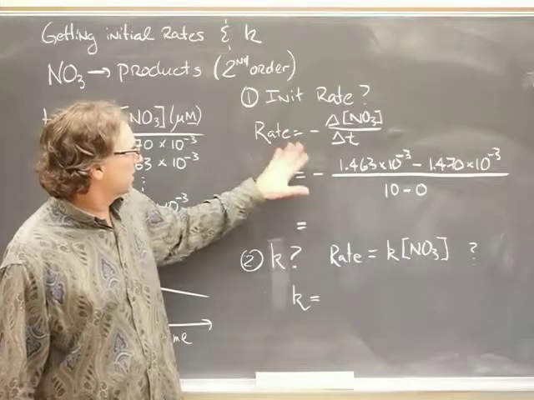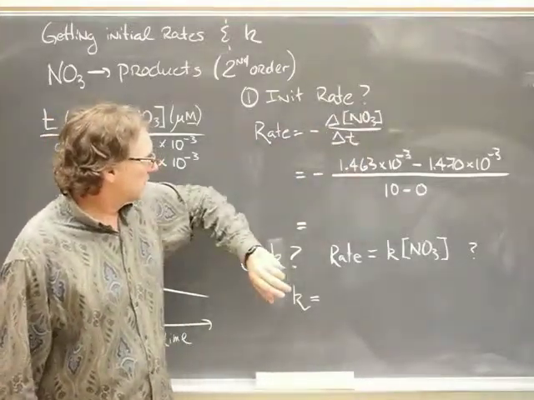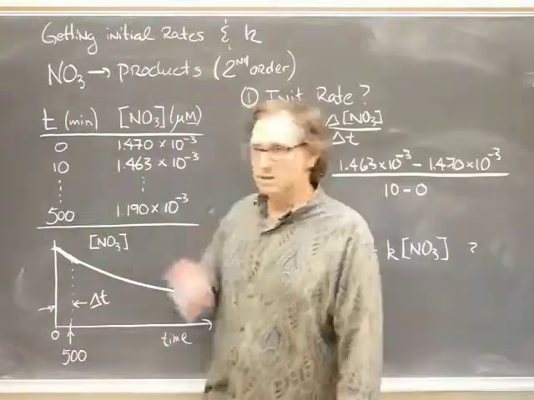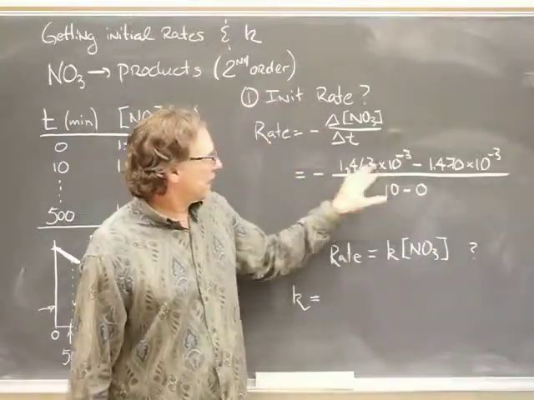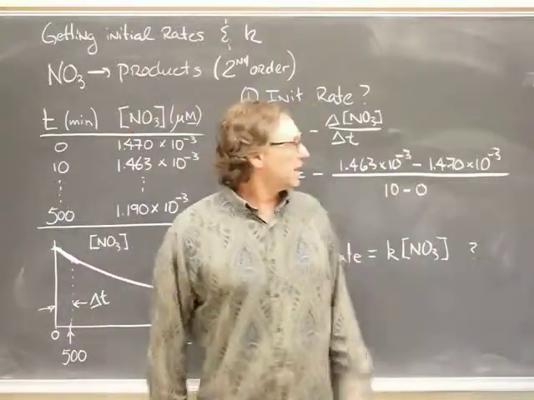I've said the rate is equal to minus the change in NO3 divided by the change in time. That's why I have 10 minus 0 at the bottom here. That's that line minus that. And in the numerator, I have the two concentrations, that number minus that number.